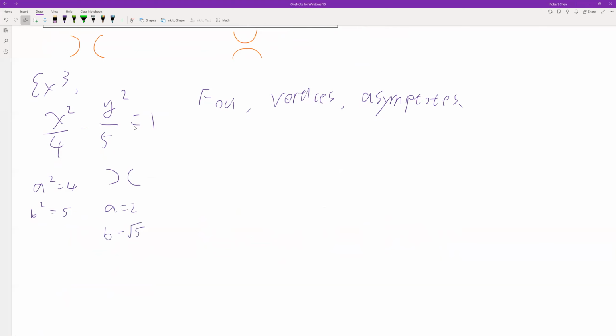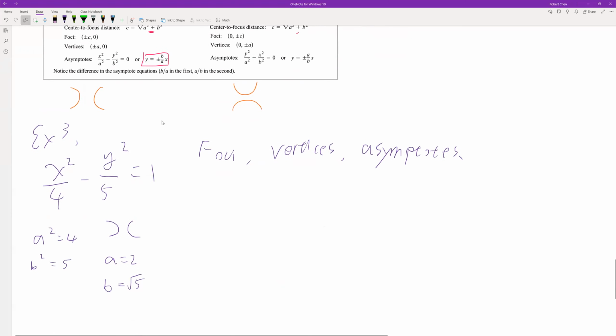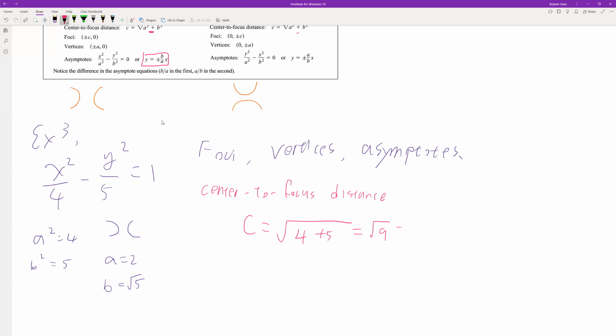Let's first start with the center to focus distance. That's the part we need to find the focus. C is equal to the square root of a squared plus b squared, which is 4 plus 5. That is the square root of 9, which is 3.